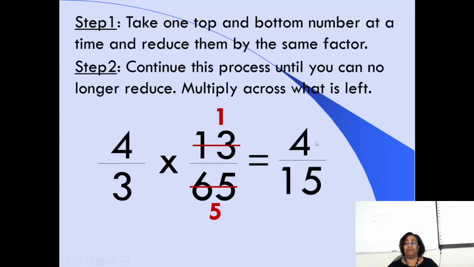Make sure that 4/15 cannot be reduced. What factor does 4 and 15 have in common to reduce evenly? What number will go into both 4 and 15 evenly? 1. So if it's 1, I'm done. This problem is done. I've reduced it as low as it can go.